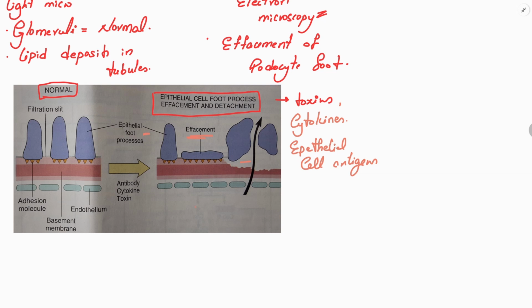Because of this, the proteins will escape and be excreted through the urine. So because of this effacement of the epithelial foot processes, the protein content in the urine will be greater than 3.5. Okay, so this is the reason for getting more proteins in the urine in a patient who is suffering from nephrotic syndrome. I hope you are clear up to now.